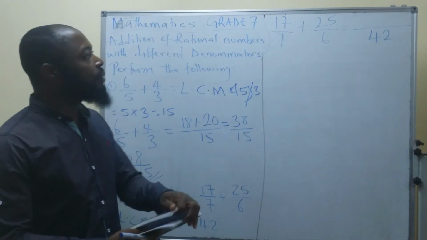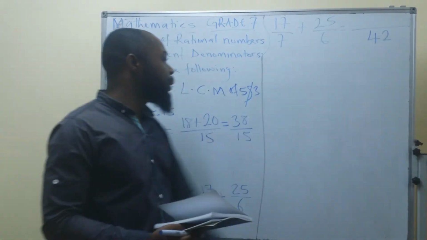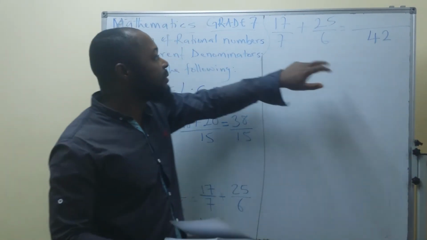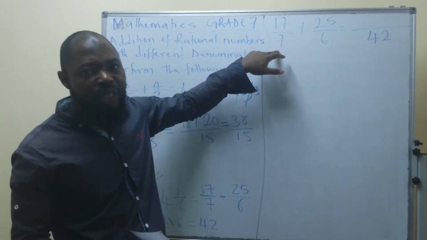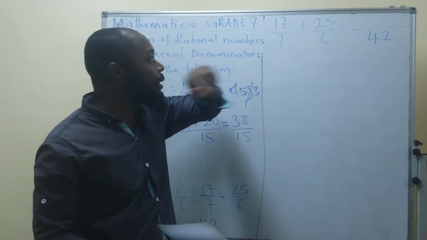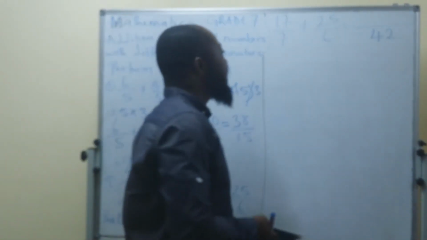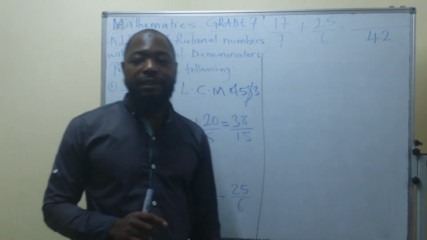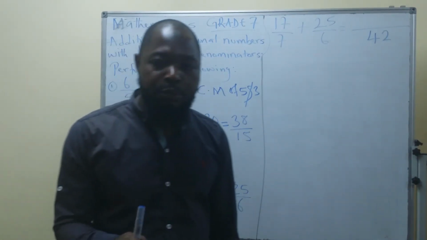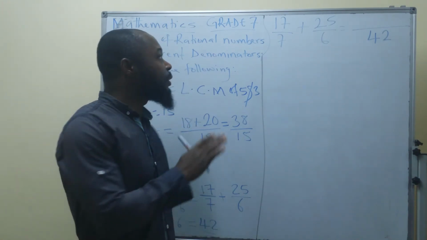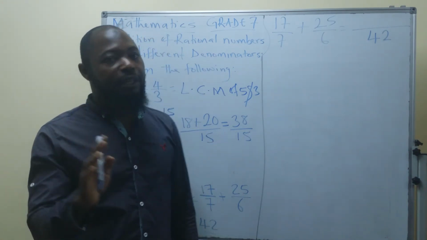Now, from here, since we have our LCM, same thing we did here, we also do here. Now, 42 divided by 7. 42 divided by 7 is 6. Okay, so now you will say 6 multiplied by 17. So if I just say 6 times 17, in your multiplication table at the back of your book, you have it up to 12 only. You don't have it up to 17, so it might confuse you.